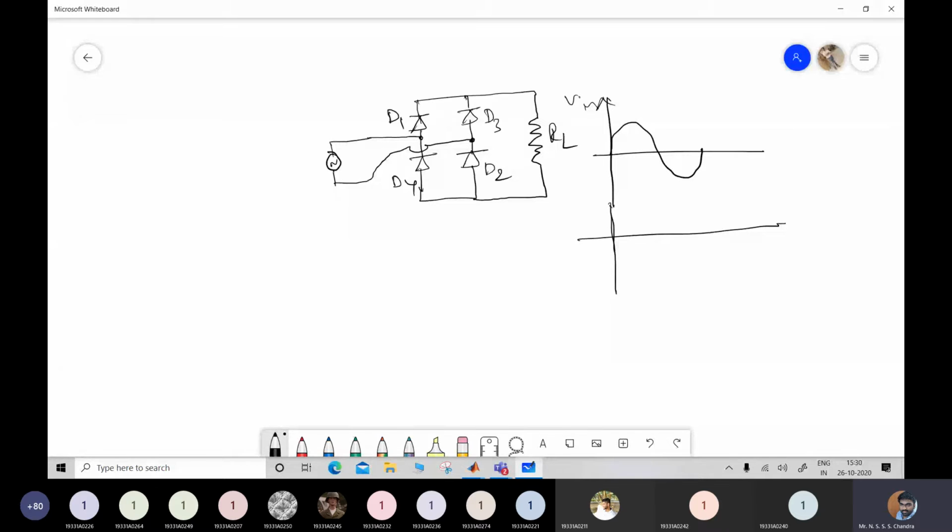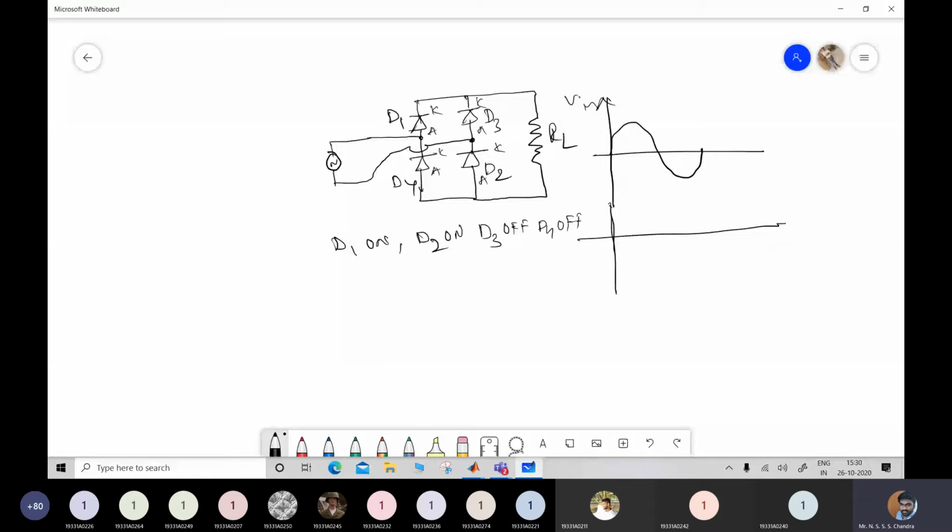Your diode D1, this is the anode, this is the cathode. For the positive half cycle, diode D1 will be on, and diode D2 will be on, so your current will flow, whereas diodes D3 and D4 will be off.